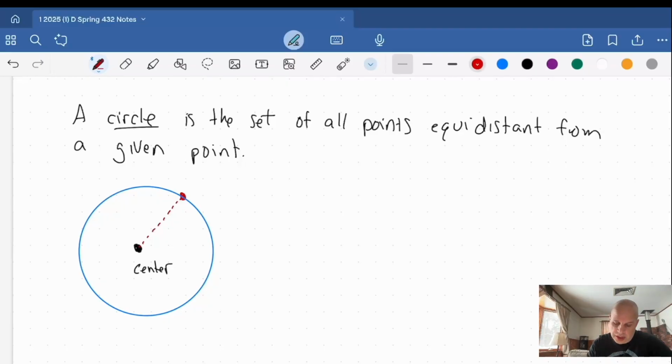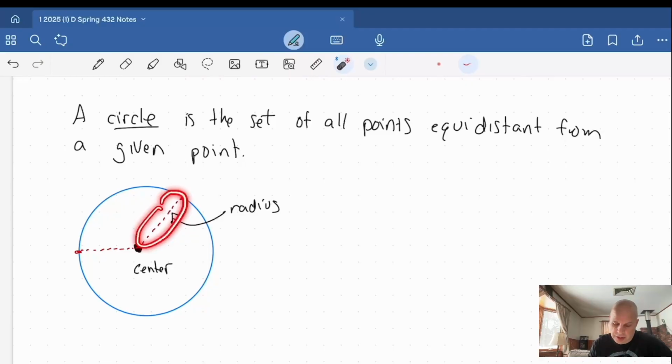If I draw this distance here that was equidistant from the center to the circle itself, we call that distance, or that segment, the radius of the circle. And it doesn't matter where that radius is on the circle, the distance is always going to be the same. So for example, this radius has to have the same length as that radius.